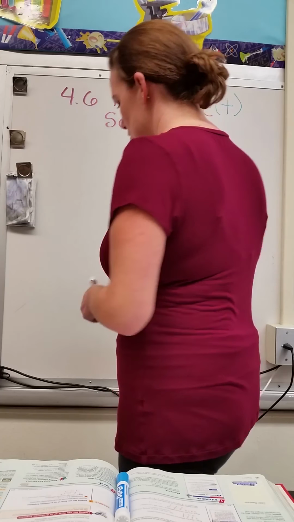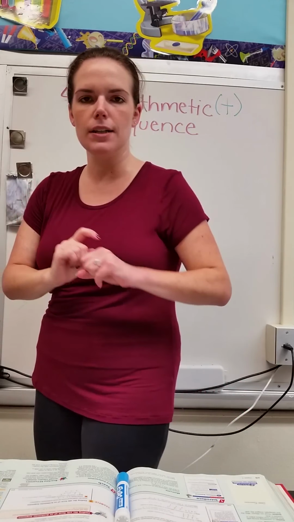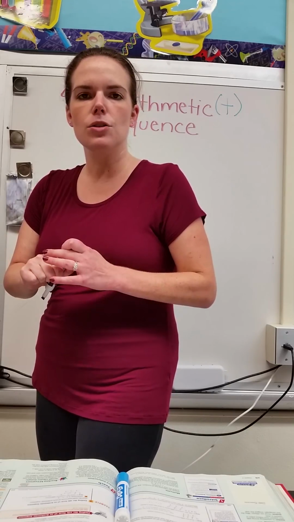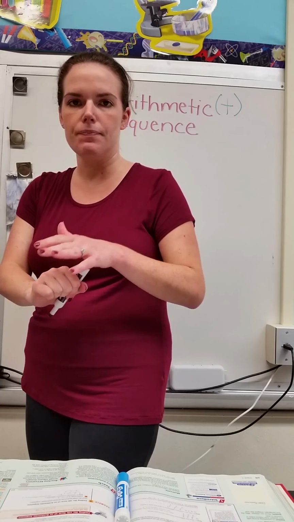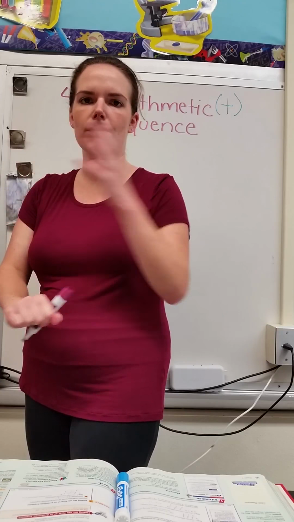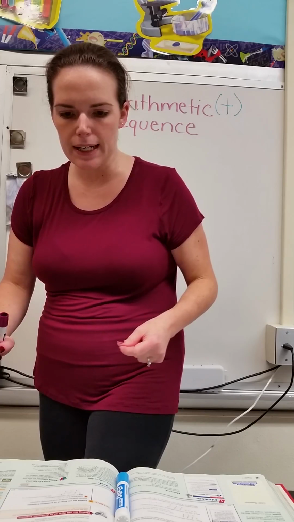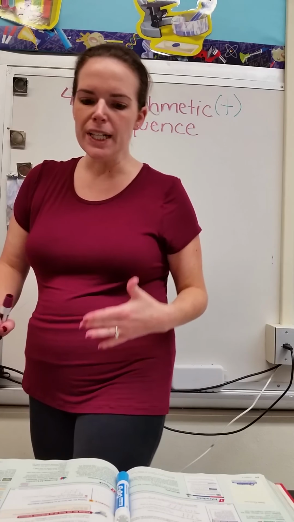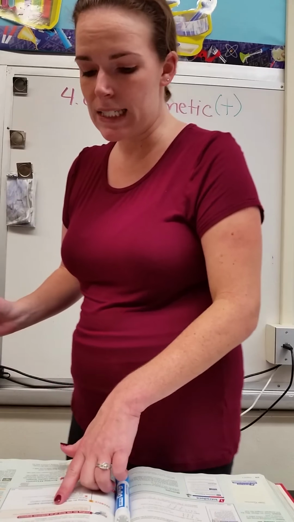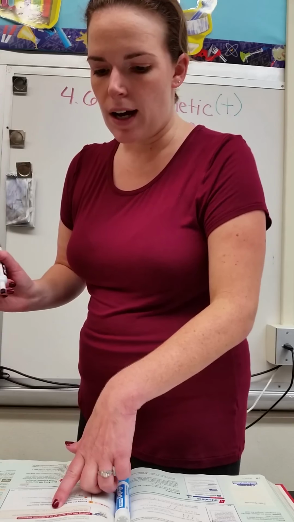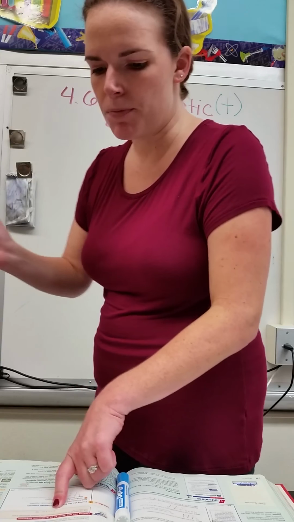Most of the questions you get in this section ask you to predict what the whatever-th term is going to be. Hopefully you don't have to memorize this, but if you do, just come up with a strategy to help you memorize it.